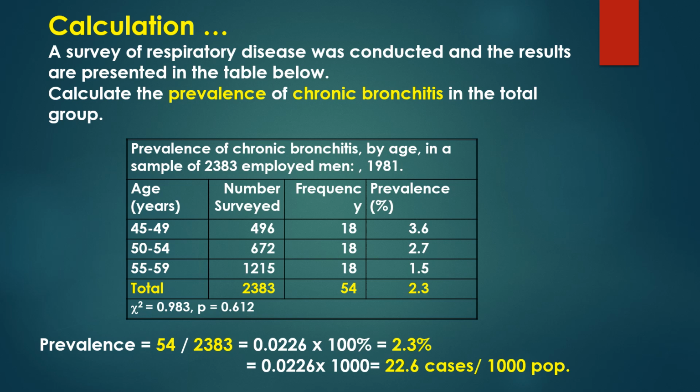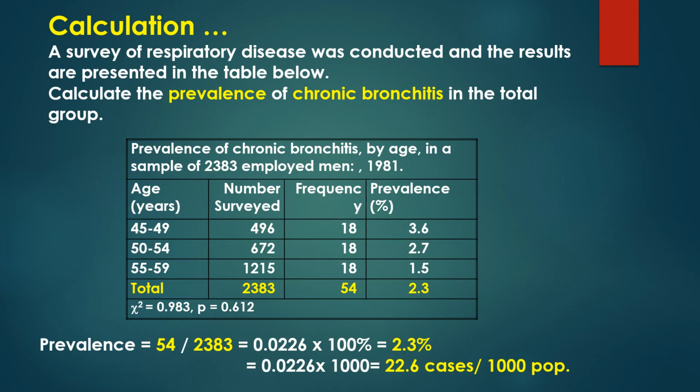So this is the prevalence of chronic bronchitis by age in a sample of 2,383 employed men in 1981, divided by age groups, and we have the number surveyed in each age group. They totaled up to 2,383.